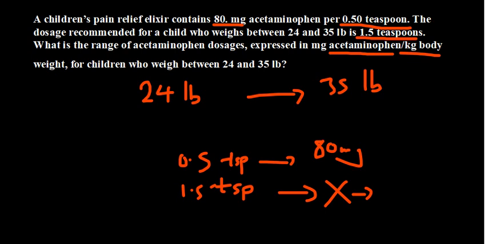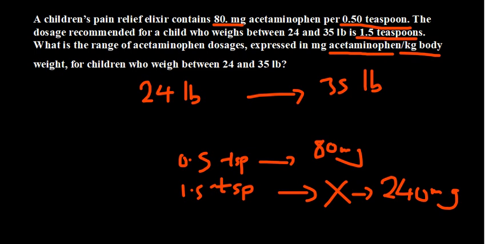I'll do that again: 80 multiplied by 1.5, then divided by 0.5. So per every 1.5 teaspoons, there will be 240 milligrams of acetaminophen.